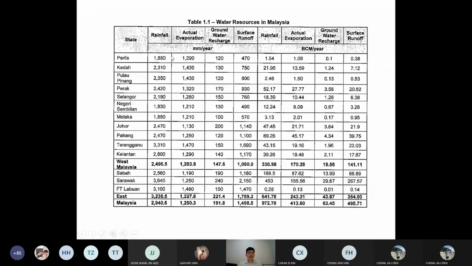After you see all this rainfall in various states, Perlis, Kedah, Pulau Pinang, Perak, Selangor, Negeri Sembilan, Melaka, Johor, Pahang, Terengganu, and Kelantan, the range is close to 1,800 to about 3,300. When the rainfall is multiplied by the area, we get the total amount of water. This is in BCM, billion cubic meters.